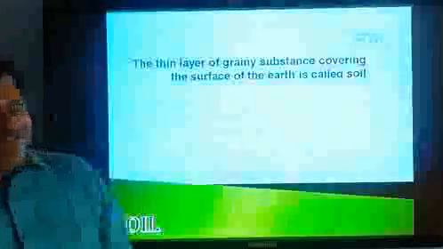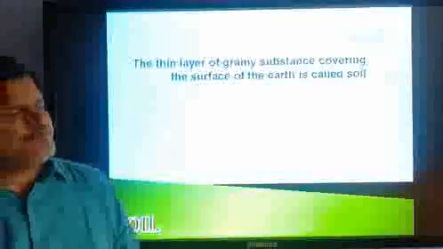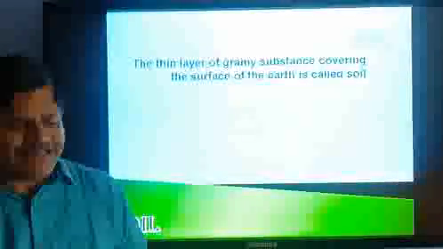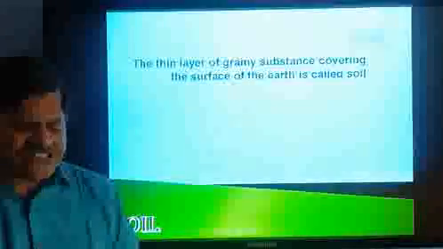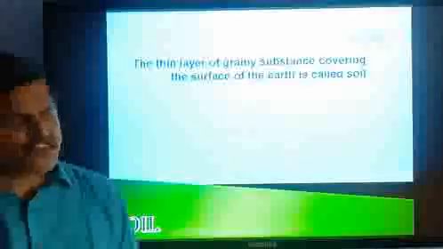Now, how is the soil formed? Soil formation. First, we will see the definition of soil. A thin layer of grainy substance covering the structure of the earth is called soil.